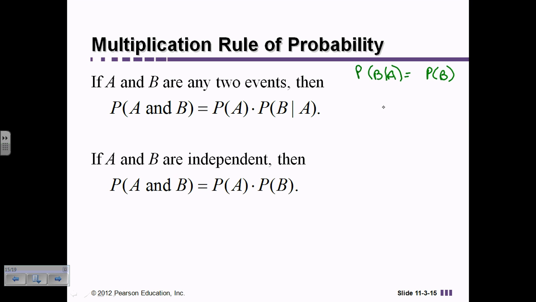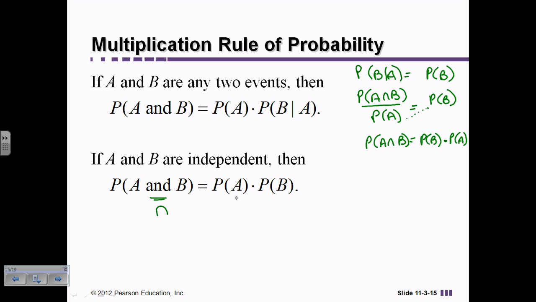So when it's independent, the probability of B given A is the same thing as the probability of A intersect B divided by the probability of A, and what I'm saying here is that that's the same thing as the probability of B. If I think in terms of cross multiplying, then the probability of A intersect B is equal to the probability of B times the probability of A, because for the word and, we can use the intersection symbol.